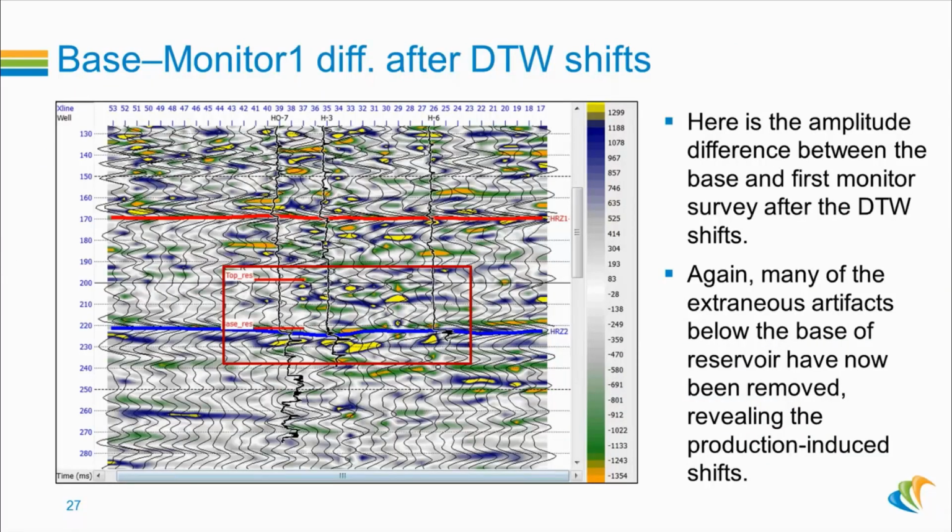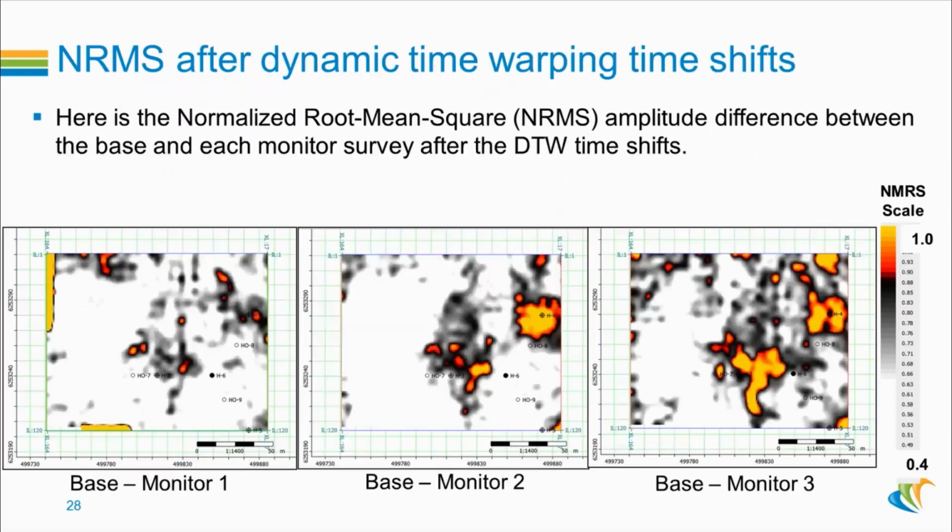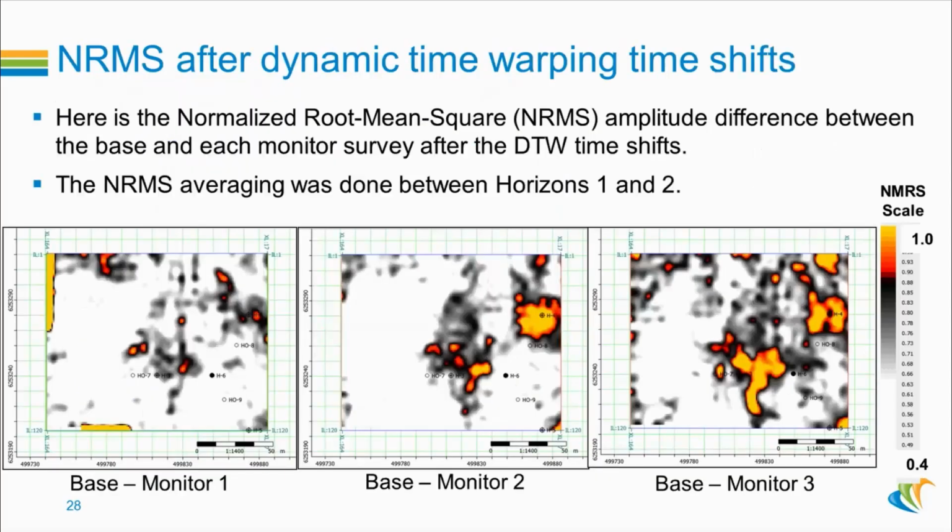Here's the amplitude difference between the base and the first monitor survey after the dynamic time warping shifts. Again, we've reduced many of the extraneous artifacts, but we've revealed the production-induced shifts, although they're a little different than they looked on the previous two examples. Here's the normalized root mean square amplitude difference, and you can see now that looks similar.